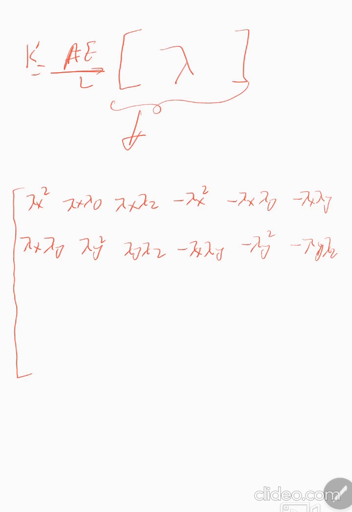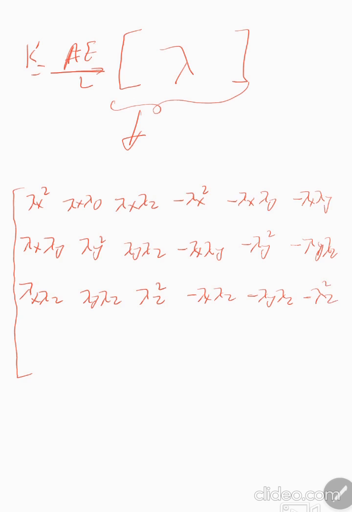Then the third row, lambda x lambda z, lambda y lambda z, and lambda z square, minus lambda x lambda z, minus lambda y lambda z, minus lambda z square, okay?